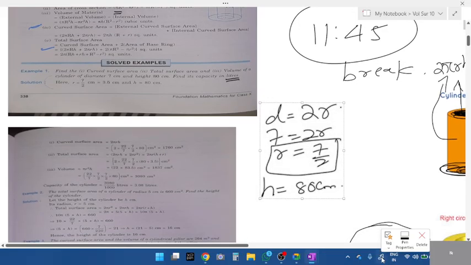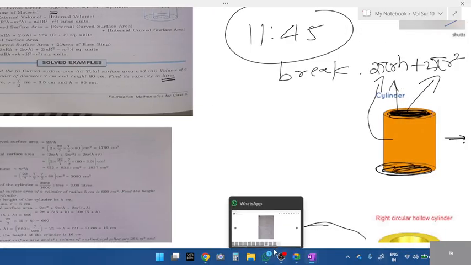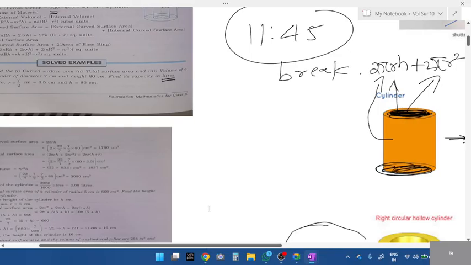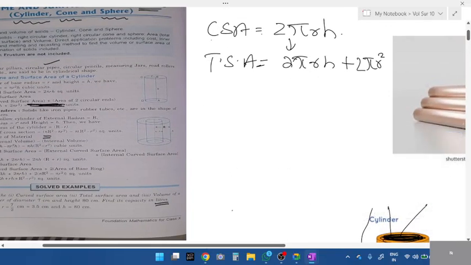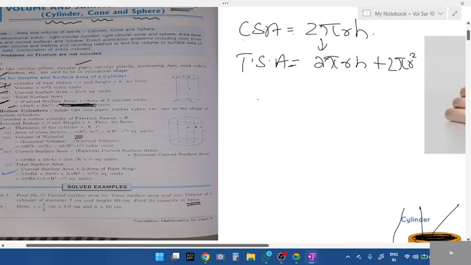Now look at the calculation part. We need to find the curved surface area. What is the curved surface area formula, students? For curved surface area, we need to consider the circumference. The circumference formula is 2 pi r.